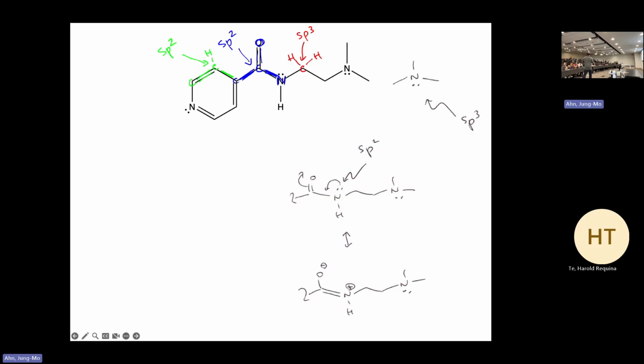How? If this nitrogen is sp2 hybridized, then it's supposed to have 3 sp2 orbitals. One makes a bond with this, the other makes a bond with that, and the third one makes a bond with a hydrogen. Then where is the lone pair supposed to go? That was the leftover orbital. The carbon has 3 sp2 orbitals and then one p orbital. So that's the p orbital where this electron pair goes.